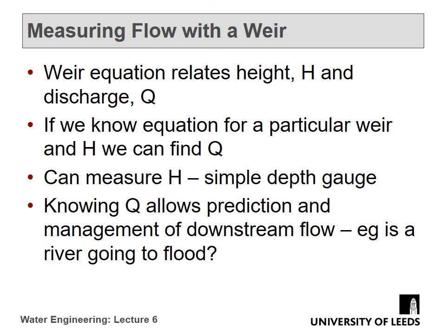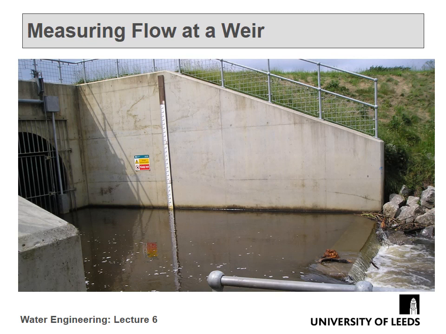So weirs are really simple flow measuring devices and very commonly used on rivers. You'll see rulers next to weirs in rivers if you go looking. Very common. And there's one.